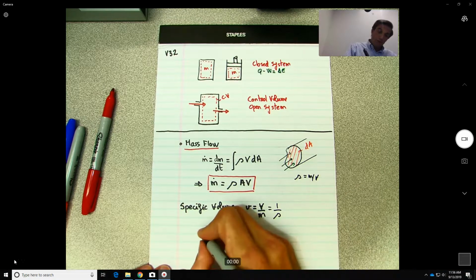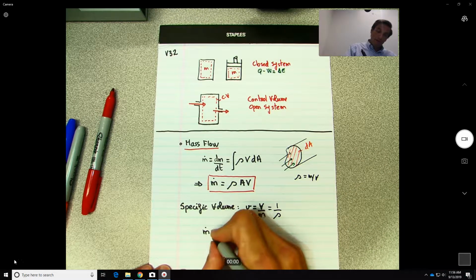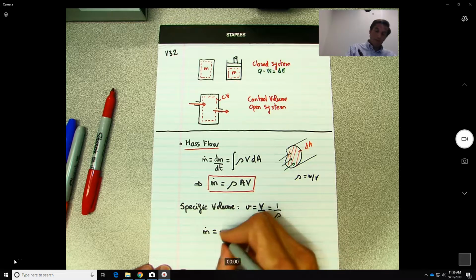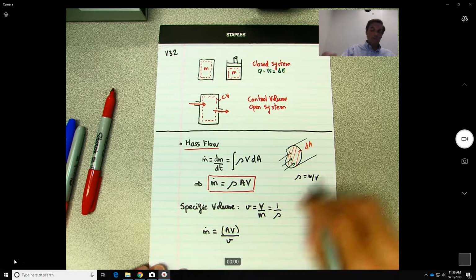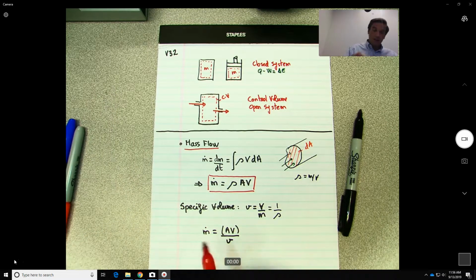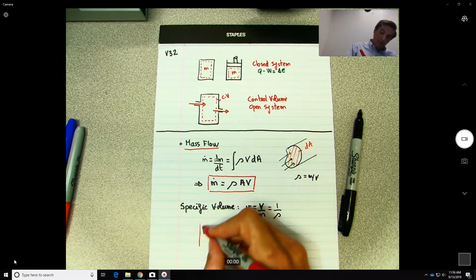So the mass flow, you can write it as m dot equal to A V over little v. And here's where we need to be careful with the notation.